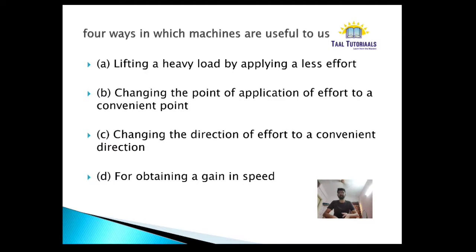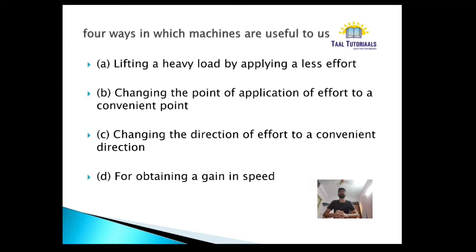That is, the rear wheel of a cycle is rotated by applying the effort on the pedal. So we are applying effort at the pedal, and we are getting a good speed.